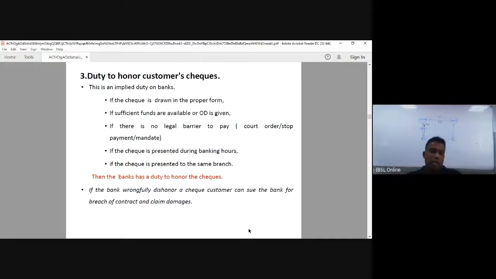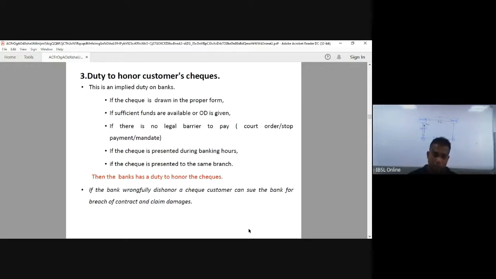For example, the current account is maintained at HNB Boralla branch. The check is presented during the banking hours to the Anuradhapura branch of HNB. The question is whether the bank has a duty to pay the check. Can someone answer that question, please?